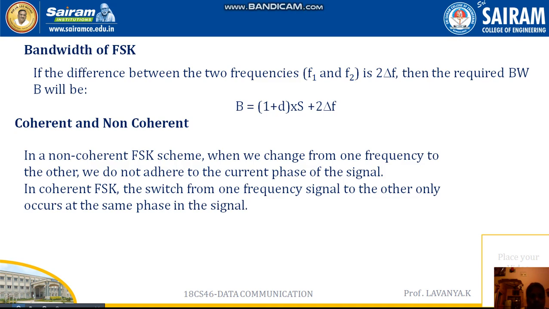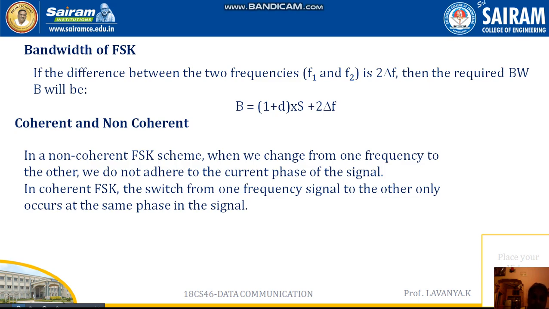Then in frequency shift keying, we are going to talk about two things: coherent and non-coherent. In coherent FSK, the change from one frequency to another does not affect the current phase of the signal.